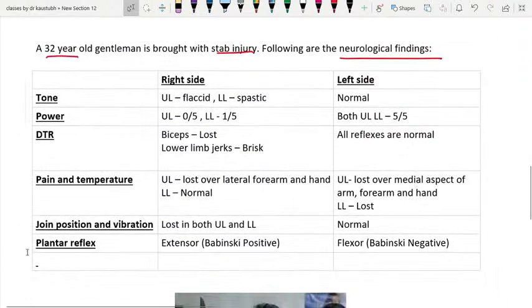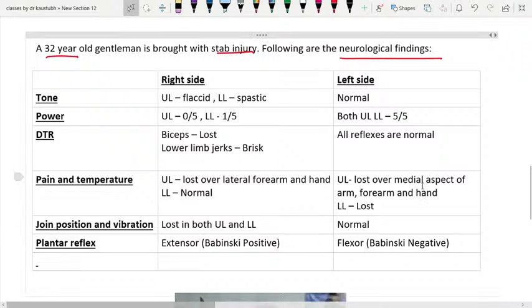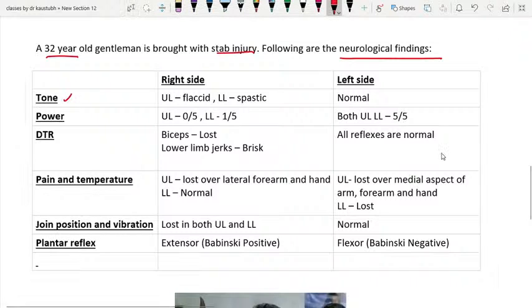Always apply a stepwise manner. Think of the tone and power first, tendon reflexes second, and sensation third.